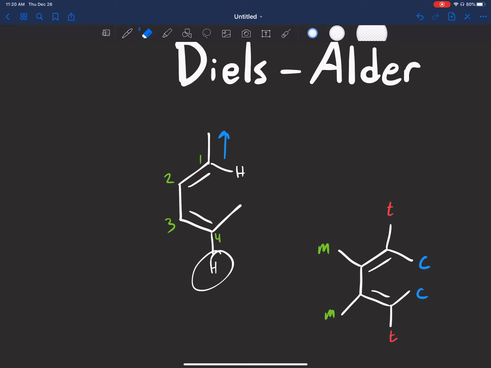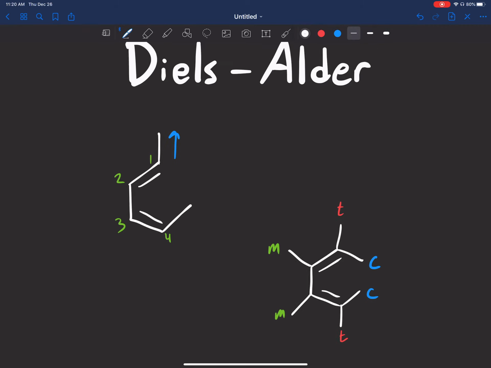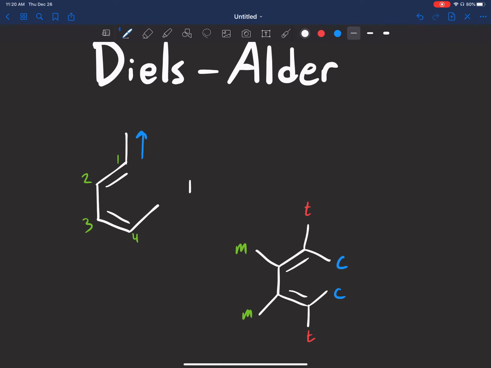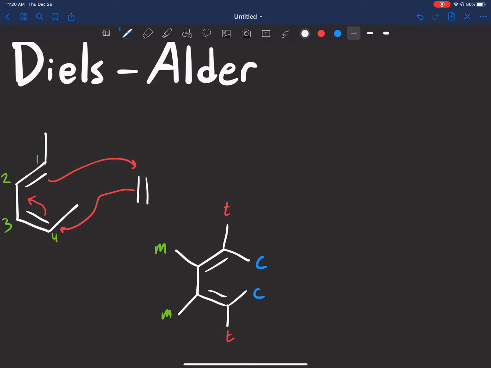This one is pointed in that trans, outward. So we're going to react it again with this regular ethylene. And what is our product?